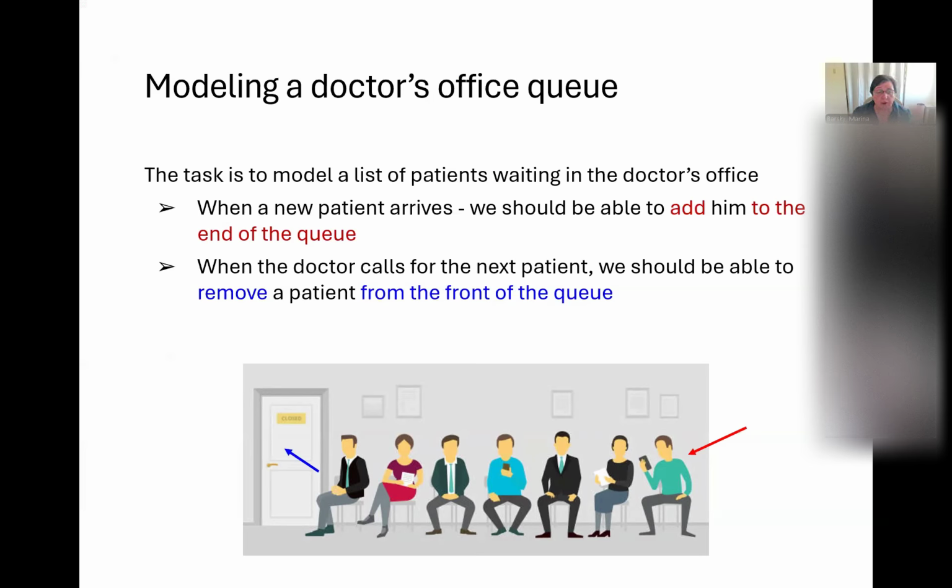If these are the only requirements, nobody asked you to be able to access a patient in the middle of the queue, the third patient or the fourth patient, right? You only need to have two ends in this data structure, right? At one end we add, at another end we retrieve. There are two opposite ends.